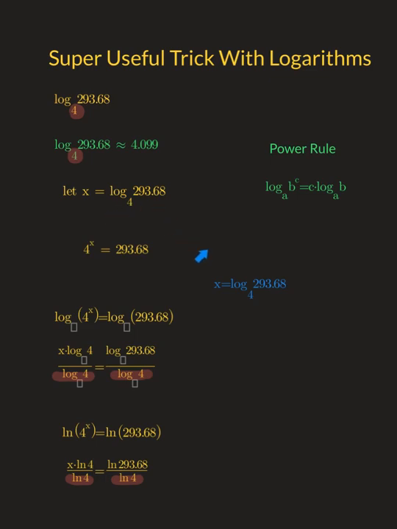But we also now know that x is equal to the ln of 293.68 divided by the ln of 4, or x is equal to the log of 293.68 over the log of 4. Those are base 10, and we could have used any base there. I could say log of any base of 293.68 divided by the log of any base of 4.